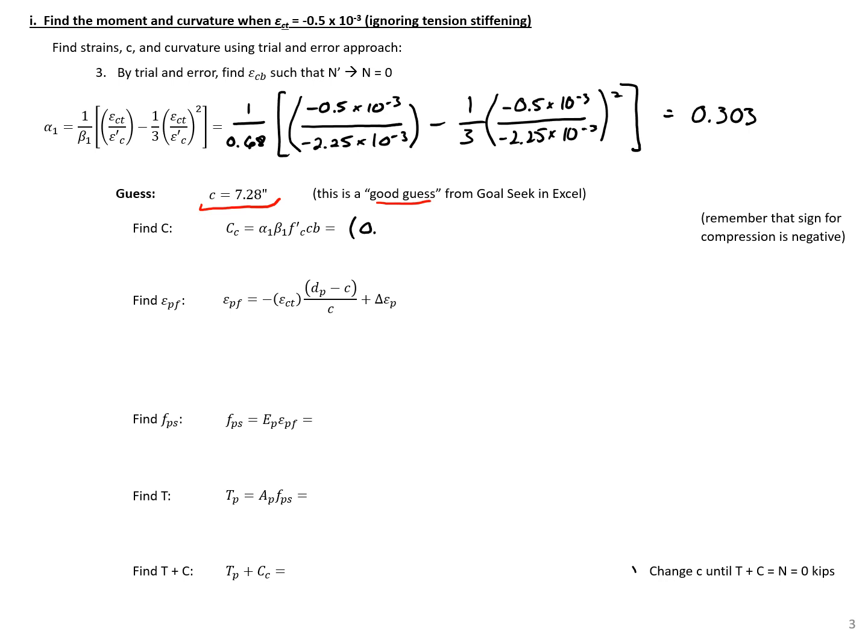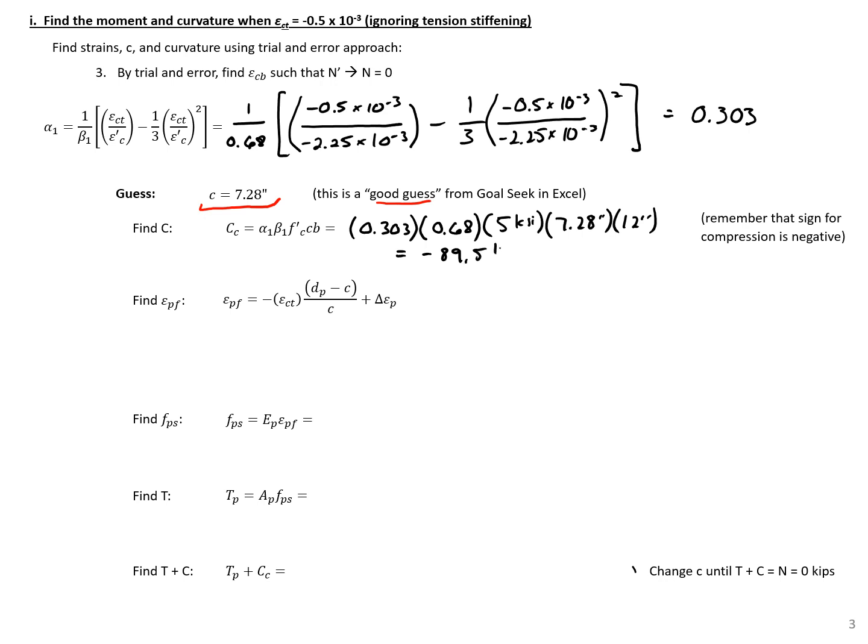We'll have our alpha 1, 0.303, times our beta 1, 0.68, times f'c, 5 ksi, times our C, 7.28, and times our b, 12 inches. So this will equal 89.5. It's going to be in compression, so I'm going to make this negative.